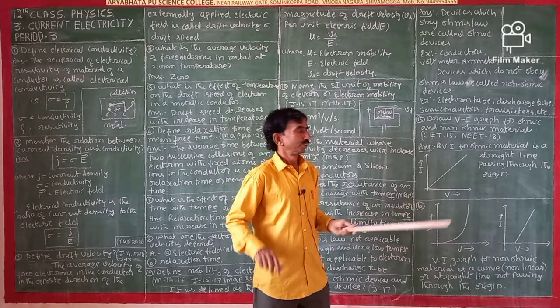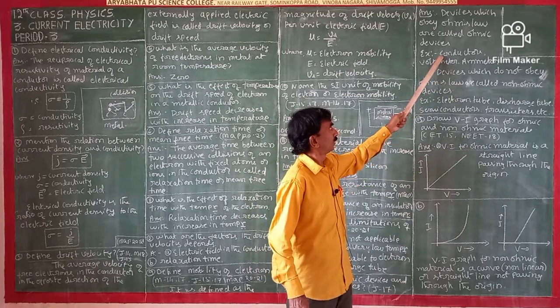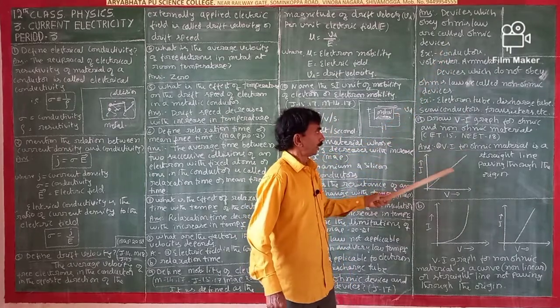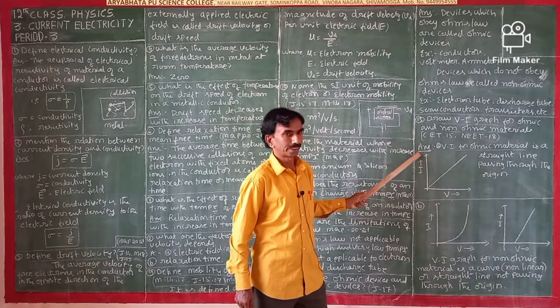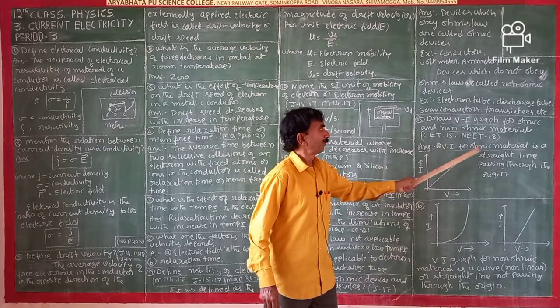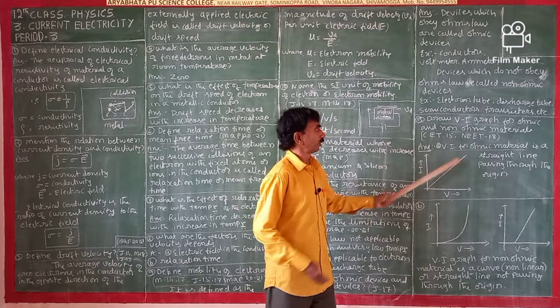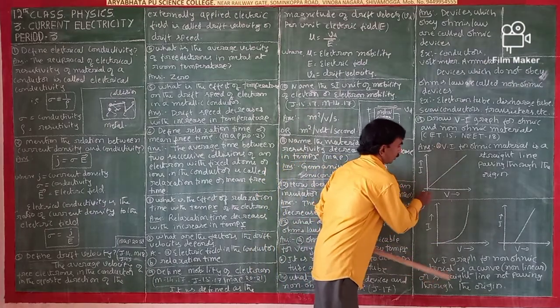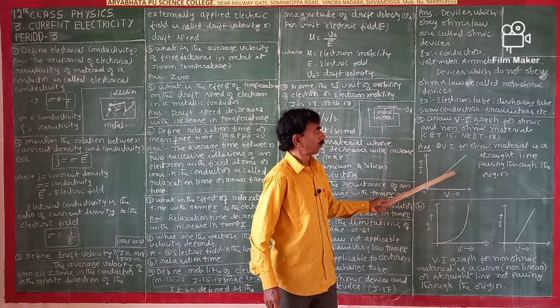For ohmic devices like ammeter, voltmeter, conductors, the X-axis is voltage and the y-axis is current. The VI graph for an ohmic material is a straight line passing through the origin O.